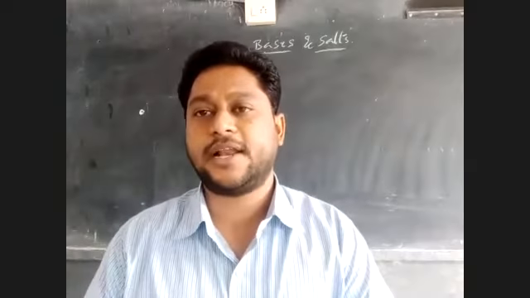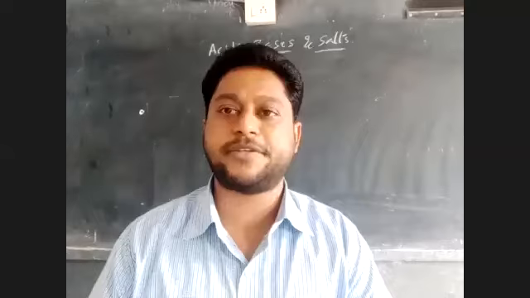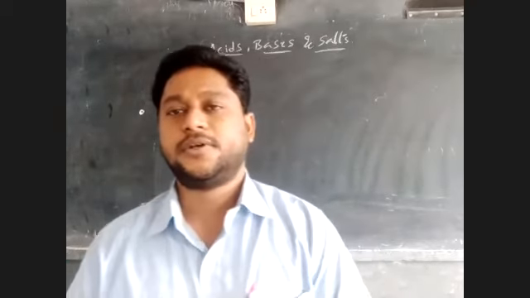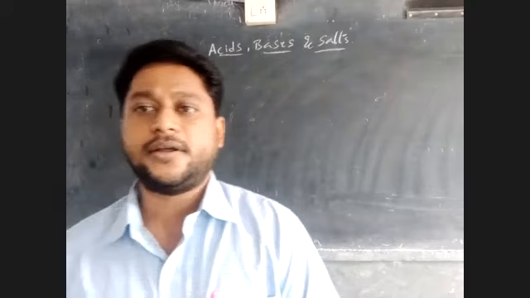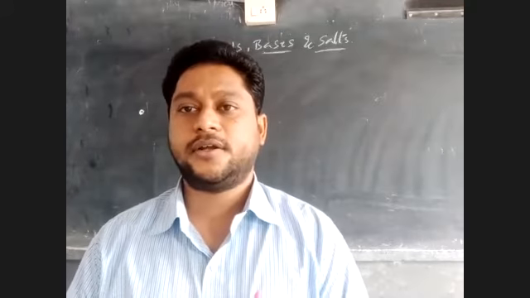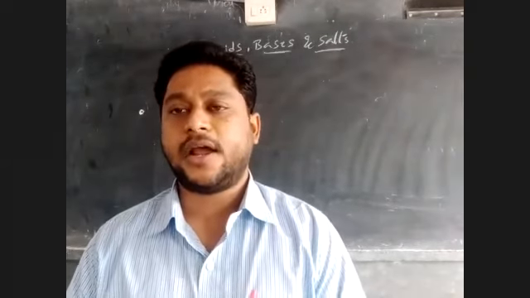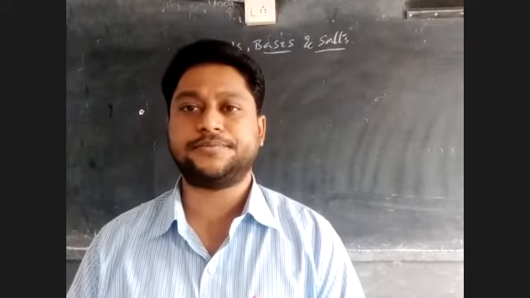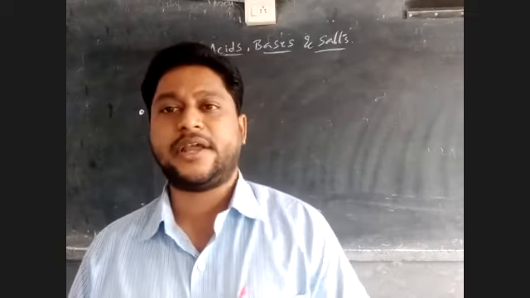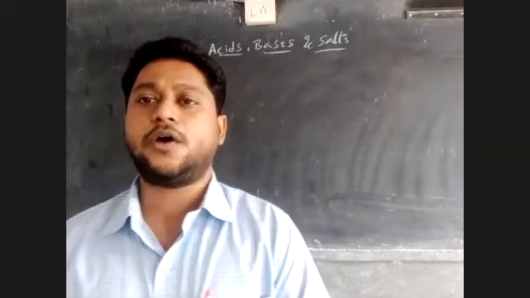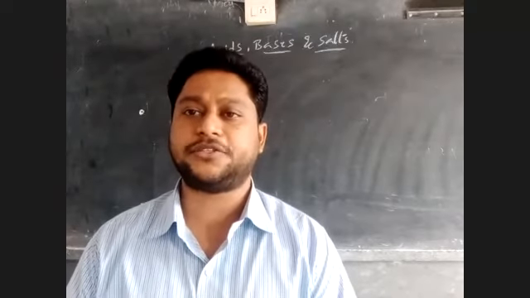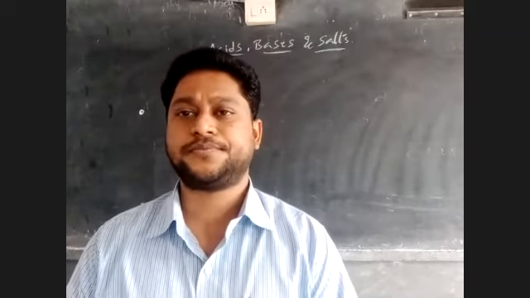In the previous class, in the chapter Acids, Bases, and Salts, we discussed the indicators: natural indicator, artificial indicator, olfactory indicator, and pH or universal indicator. With these indicators, we understood how to test for the acidic or basic nature of given substances.